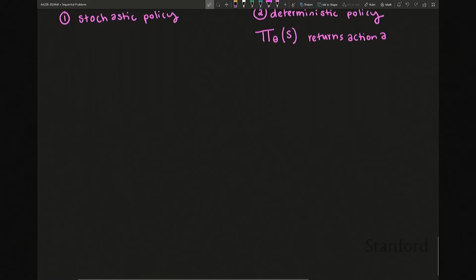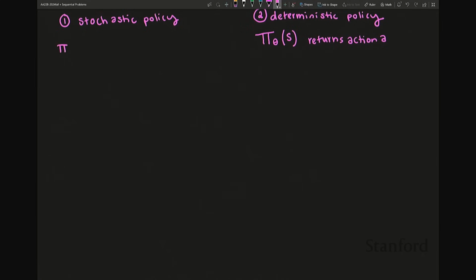By contrast, with a stochastic policy, pi theta of our state S is going to give us a distribution over actions. So maybe if S is 30 degrees, then in this distribution, 90% of the time we're turning on the heat, 5% of the time we're turning on the AC, 5% of the time we have neither.